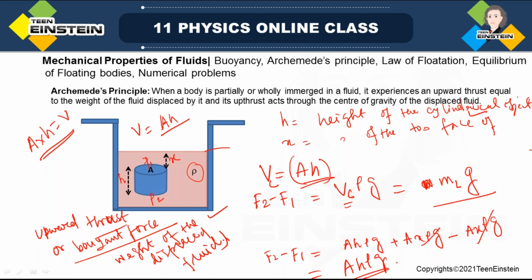As we go along with this concept, like Archimedes' principle, we'll be solving problems. Now when a body is immersed in water, take a practical example: when you draw water from a well, when the bucket is inside the water, you feel that it has very little weight.